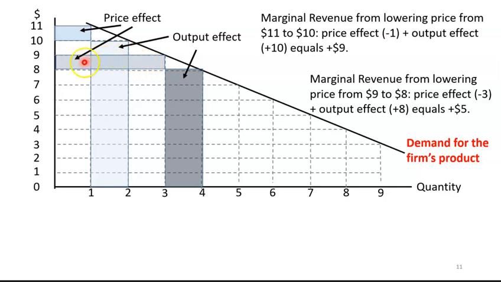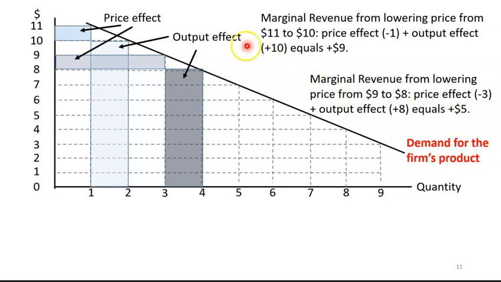Now we've lowered the price by $1, so we lose the $3 on those units. But we sell 1 extra unit now for $8. So that's an output effect of 8, a price effect of -3. The net effect is +5. That's our marginal revenue in that particular case.